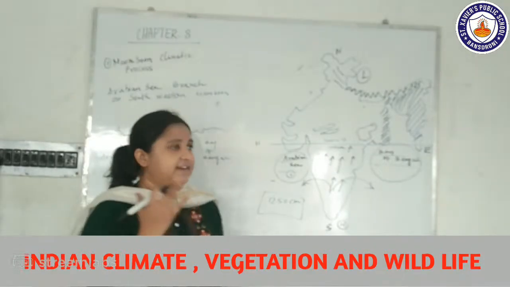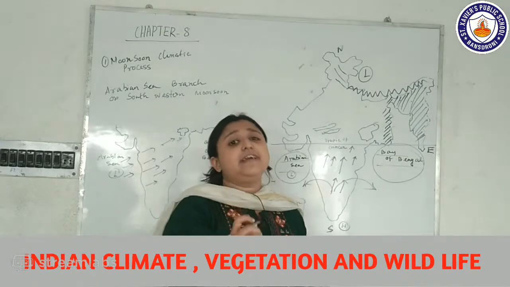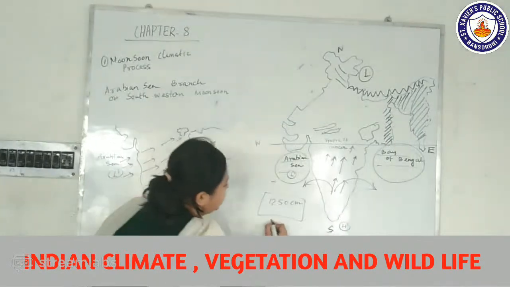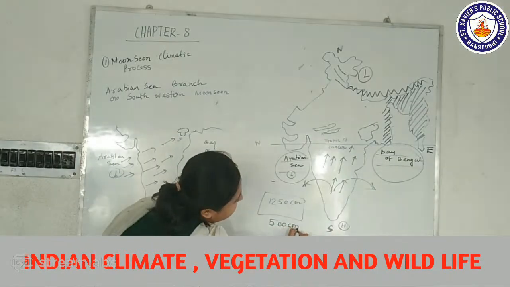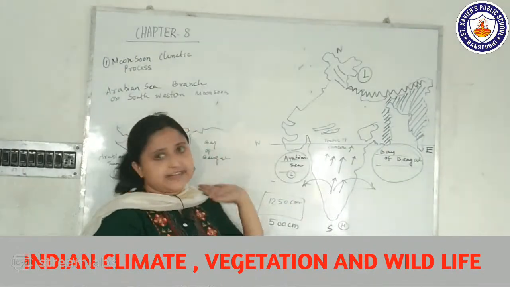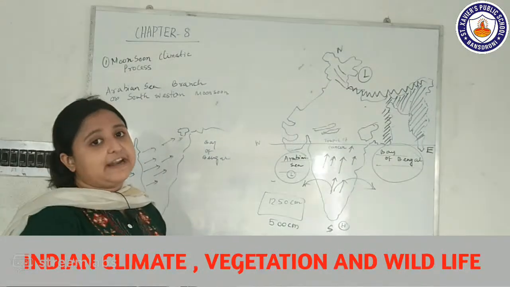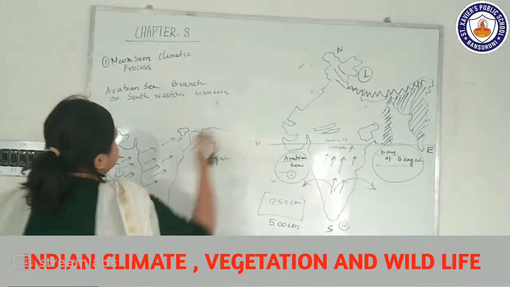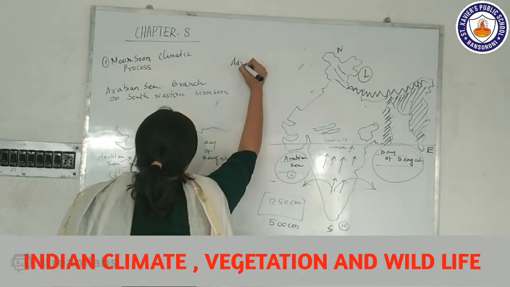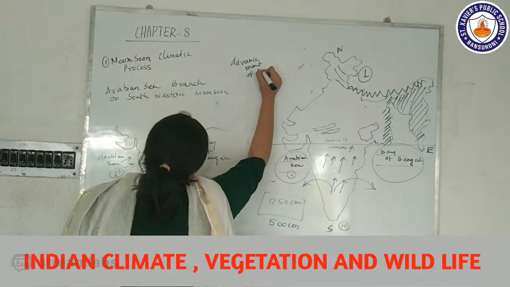That's why it gets very little rainfall, only 500 centimeter, right. So this is the rainfall status of the Indian subcontinent, and this whole phenomenon is known as the advancement of monsoon.